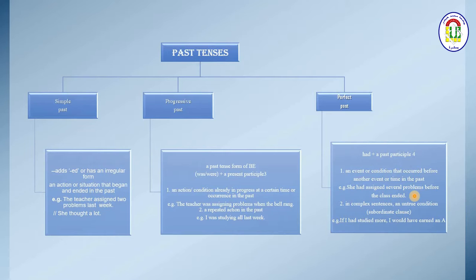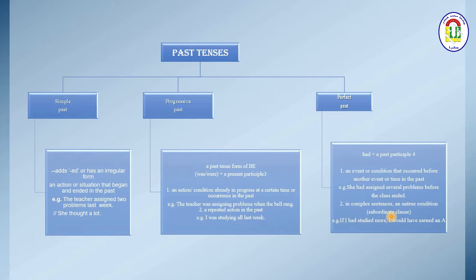The second use of the past participle, the perfect past, is in the complex sentences with the conditional sentences mainly. When we have an untrue condition in the subordinate clause.